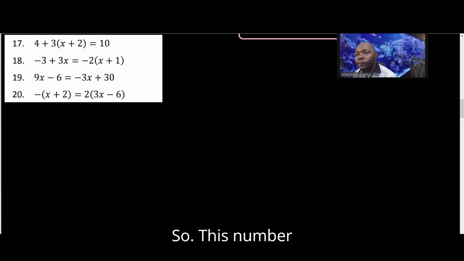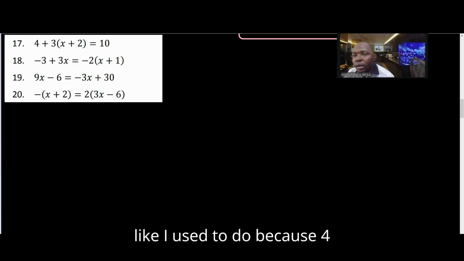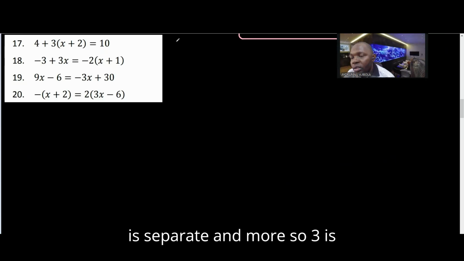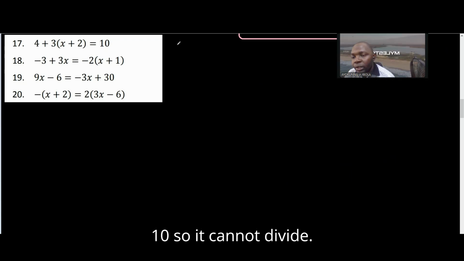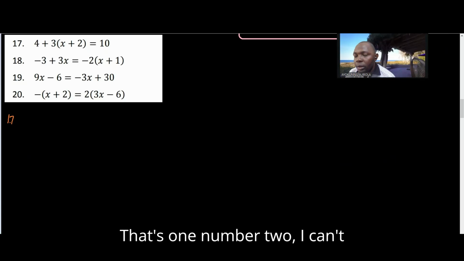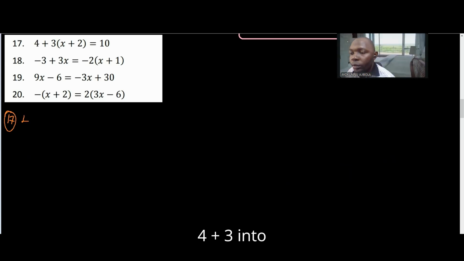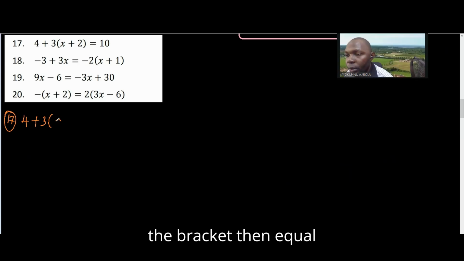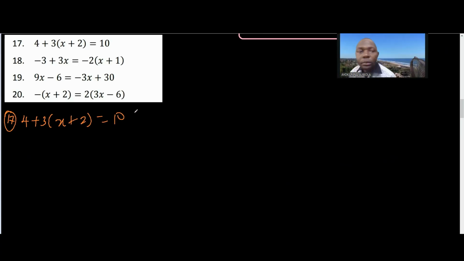So, this number 17, I cannot divide at the goal like I used to do because 4 is separate and more so 3 is not a factor of 10, so I cannot divide. That one, what number do I call this? Okay, 17. 4 plus 3 into the bracket, then equal to 10, right?